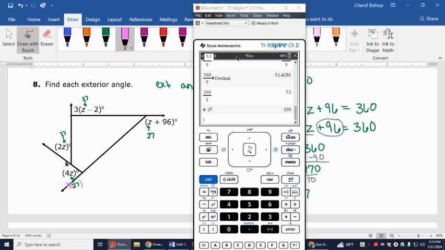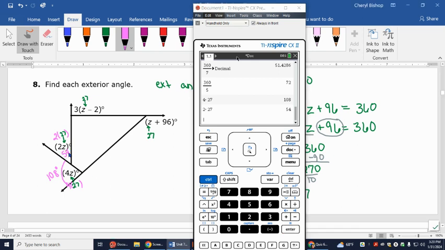It certainly doesn't look like this is 108 degrees, but it is. It looks closer to an acute angle to me, but it is what it is. 2 times 27 for this one is going to be 54 degrees for this angle here.